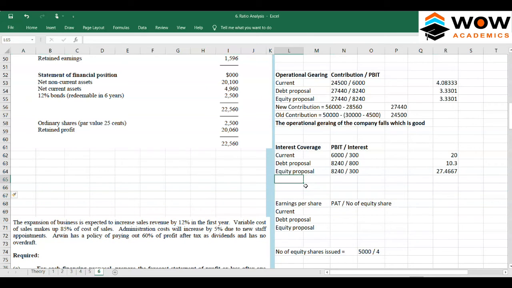Okay, so we can put a comment like this: the debt issue reduces the interest coverage ratio to 10 times, but it is still comfortable.